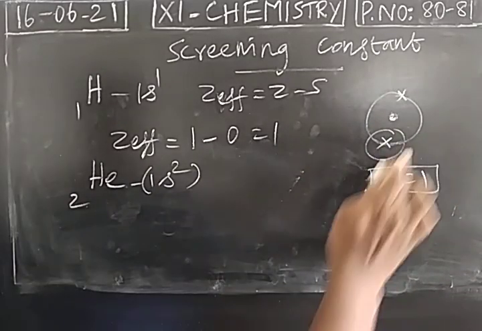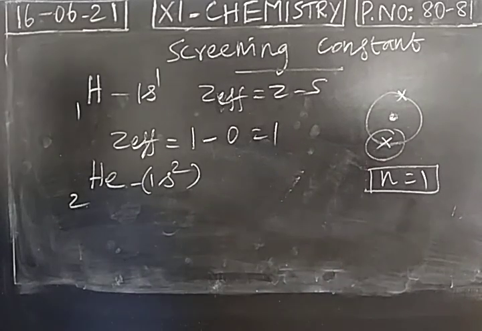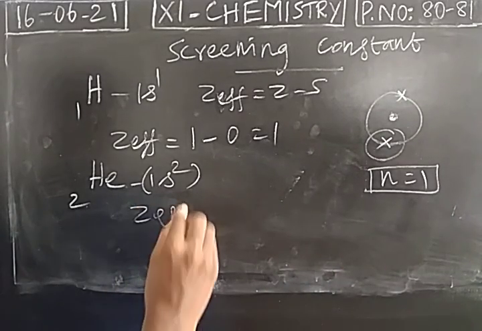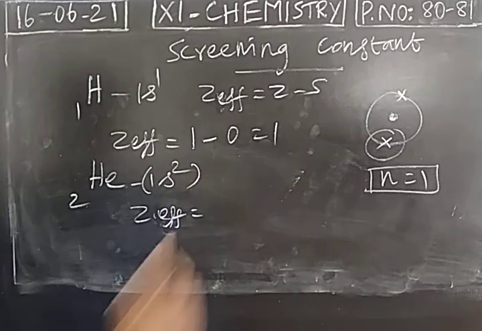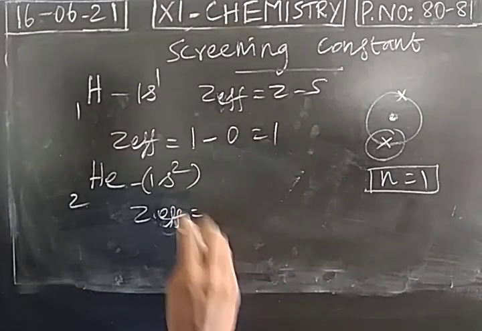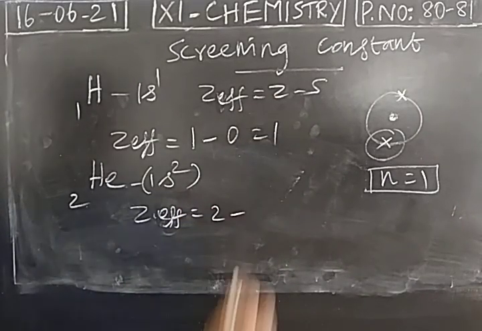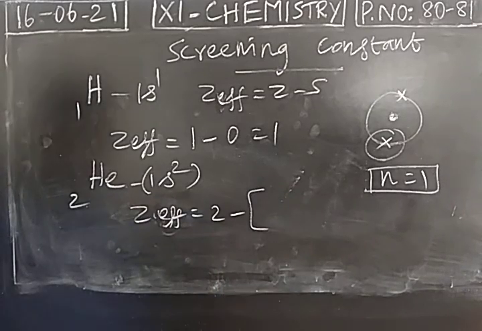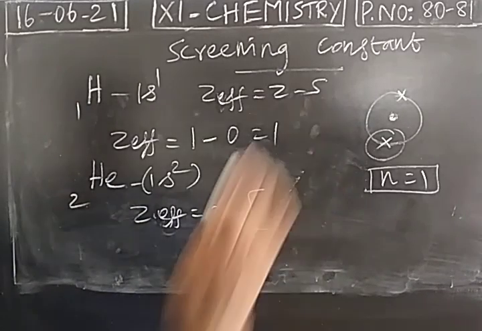For helium only one cell is present, it is nothing but the nth cell. So effective nuclear charge is equal to atomic number 2 minus screening constant S value.